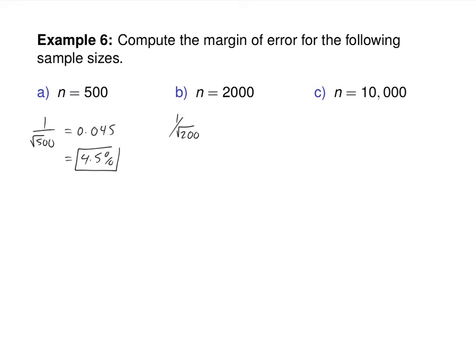And I think actually I got 0.0224, so that's 2.24%. With a sample of 10,000, your error is exactly 0.01 or 1%.